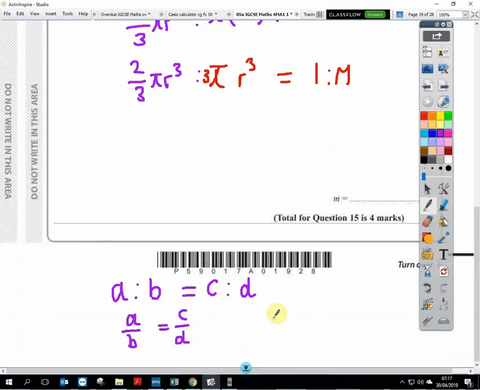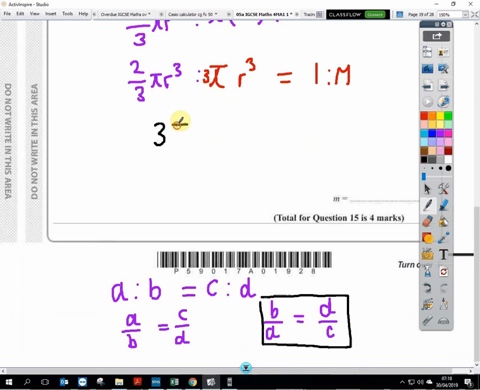But it's also true to say that b over a is equal to d over c. So this is true from this ratio, if you have a ratio equal to a ratio. Now I'm trying to work out what m is. So it's nicer to use this version, because if I use this version, I will write down m over 1. And we all know m over 1 is m.